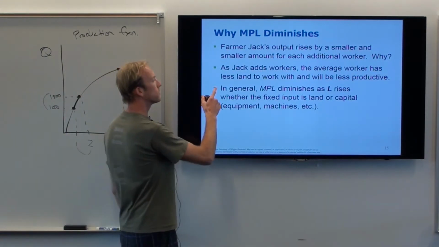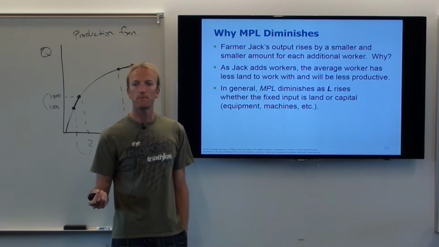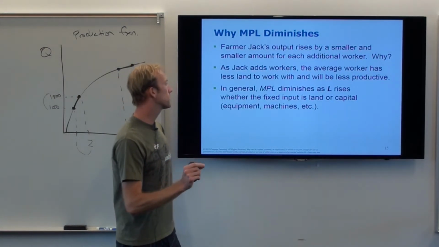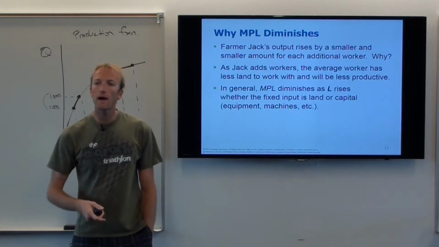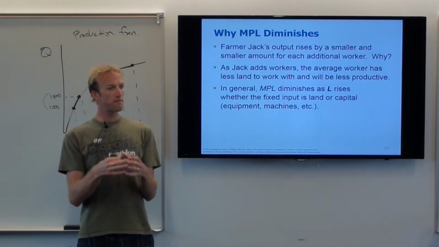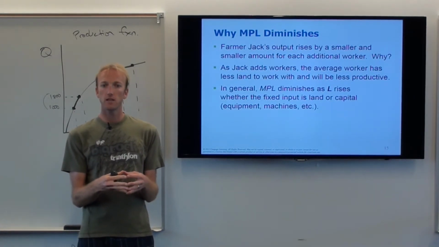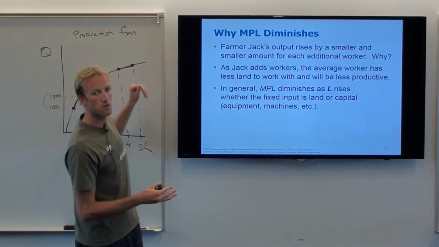In general, marginal product of labor diminishes the more labor you get, because there's a fixed input, okay? As long as you have one input that's fixed, you're going to get this production function that has diminishing marginal product of labor.